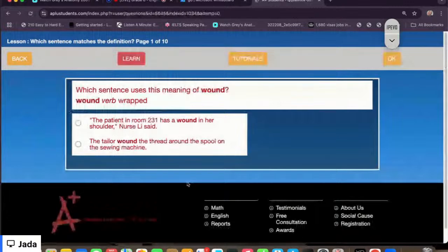Now, which sentence uses the meaning of wound? Wound, verb, wrapped. The patient in room 231 has a wound in her shoulder, Nurse Lee said. The tailor wound the thread around the spool of the sewing machine. So which is the correct one here?